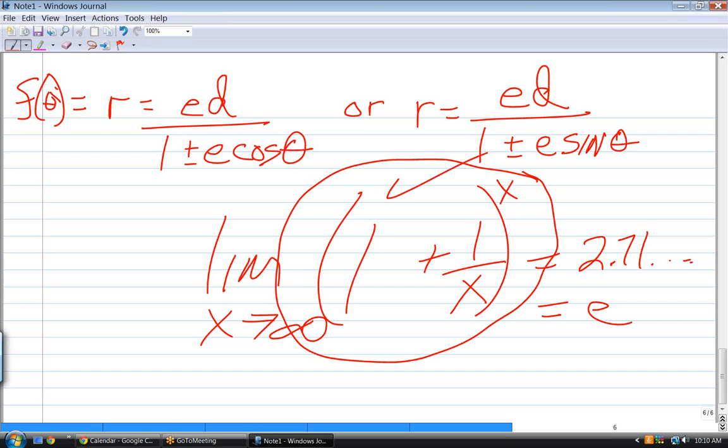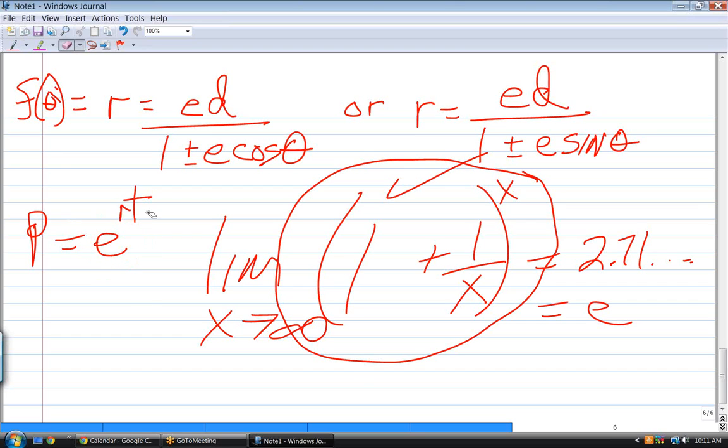And e, that's why e is in all of these differential equations and continuous growth. Remember, if you have money earning continuous growth, it's e to the rt. If it's continuously being compounded, you end up with e. Anything that is compounded based on the amount that's there ends up with the limit of 1 plus 1 over x, to the x power, which ends up coming out as e.